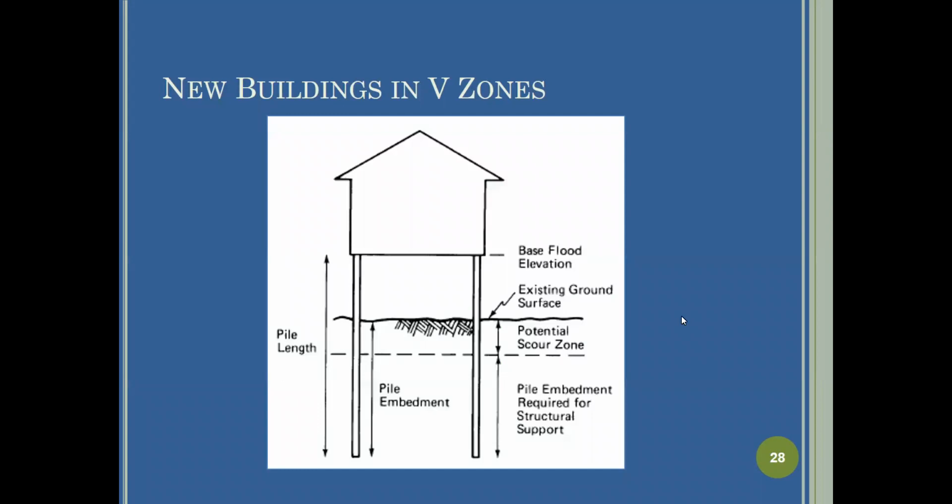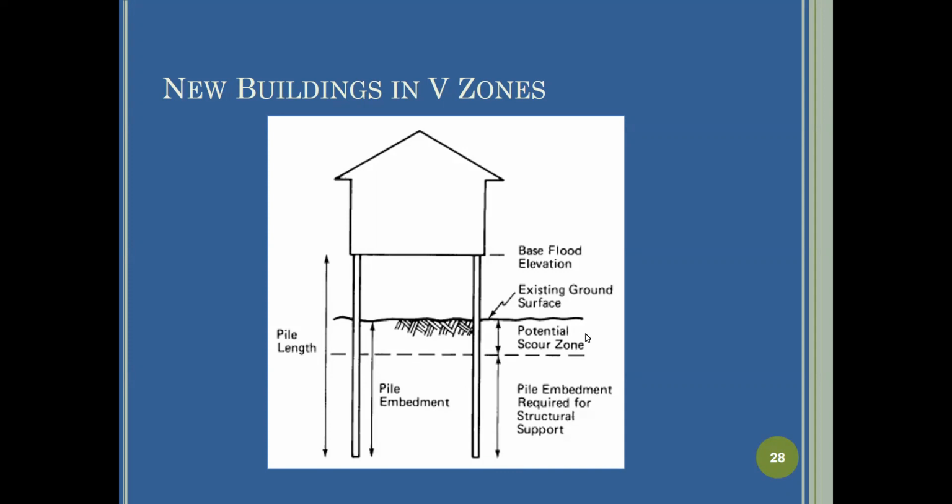So, new buildings in a V zone. The other thing to look at is making sure that your pile is adequately embedded. These have to be certified by a professional engineer. So they want you to look at what the scour zone is going to be, your embedded length for calculating the adequate structural embedment is not this depth, it's this depth.